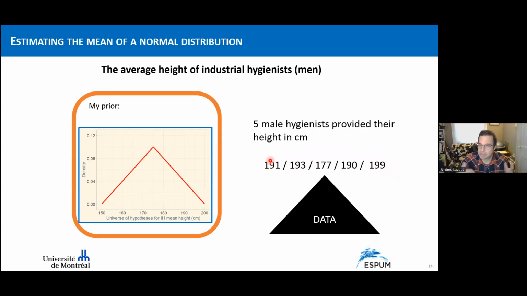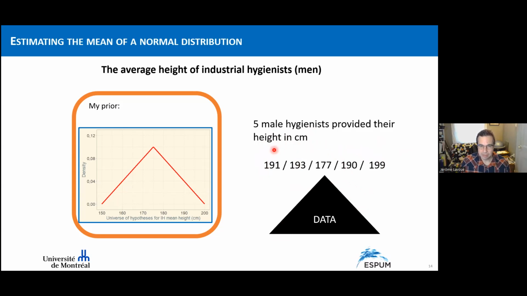But that's my sample. I try to be representative of male hygienists in Canada at least. I want to mention that this is a fake data set, so don't think that Canadian hygienists are as tall as that. It's just for illustration, so this would be my data.